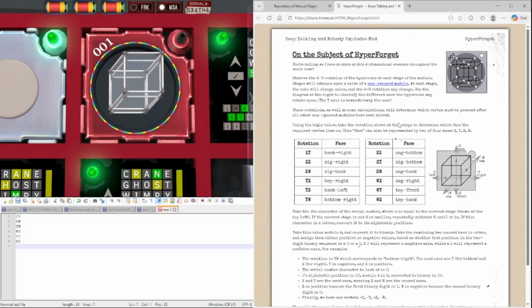You zoom below, take the rotation shown on the stage, then which face it lies on. The face can only be rotated by the 4 axes. So we have ZY, so we're looking at Z bottom for these ones. XW, we're looking at zig back.